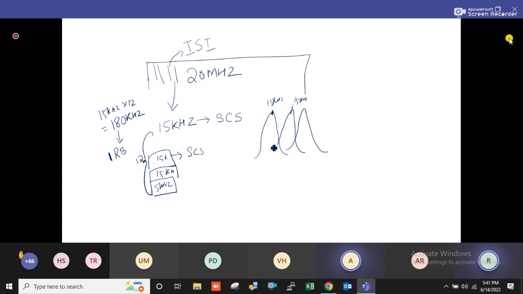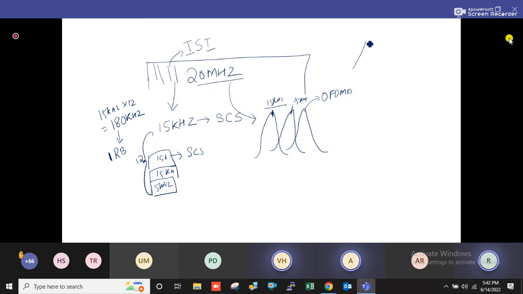So this concept is called OFDMA, because we are cutting down a 20 megahertz channel to counter something called ISI by putting it into smaller frequencies. And between this 15 kilohertz and the next 15 kilohertz, we are not giving a gap.